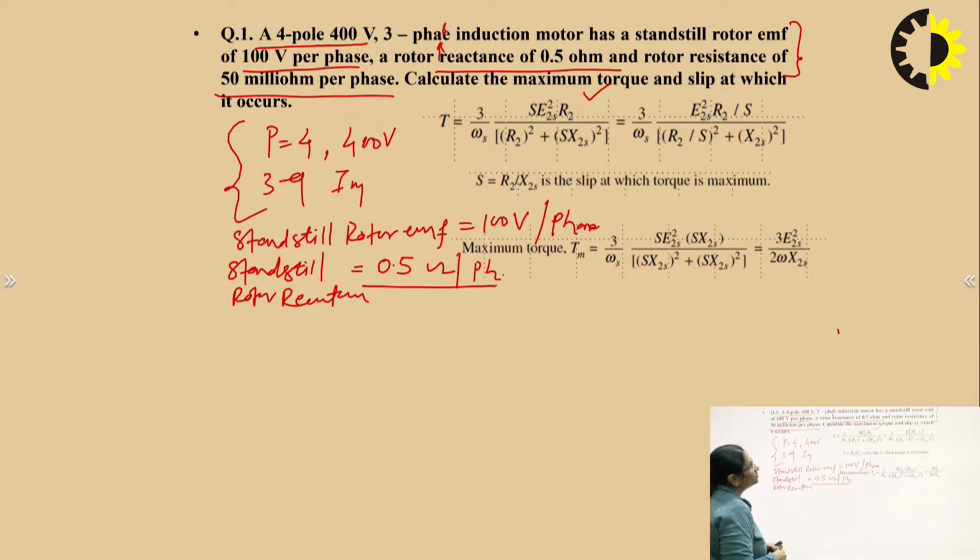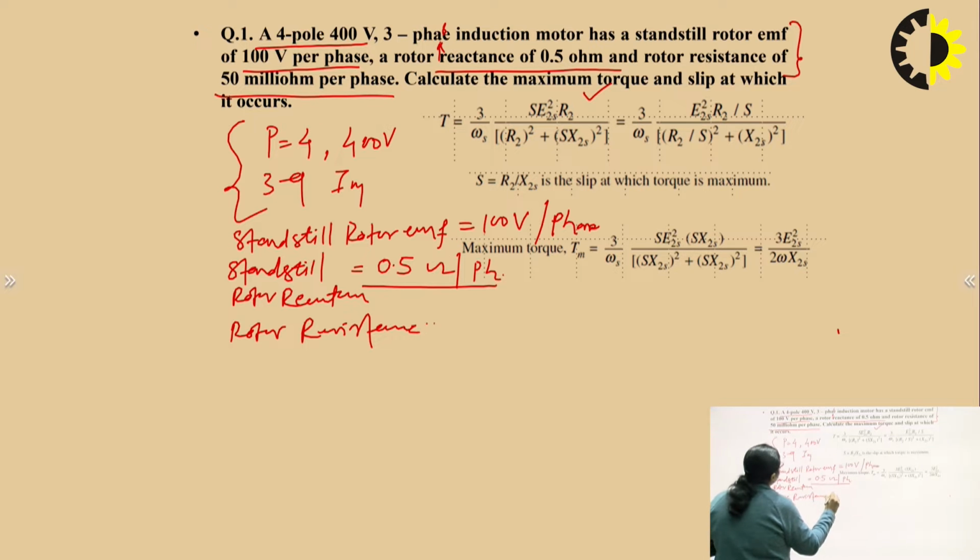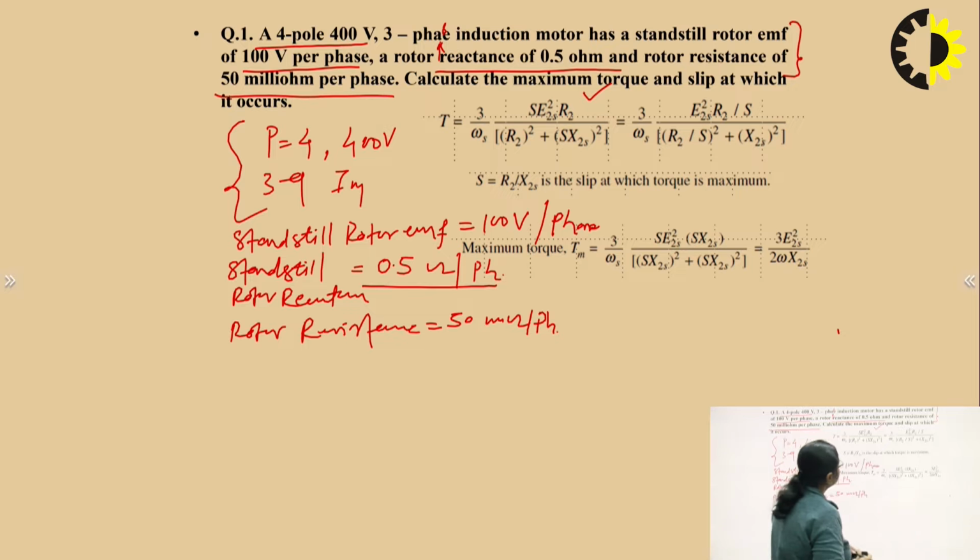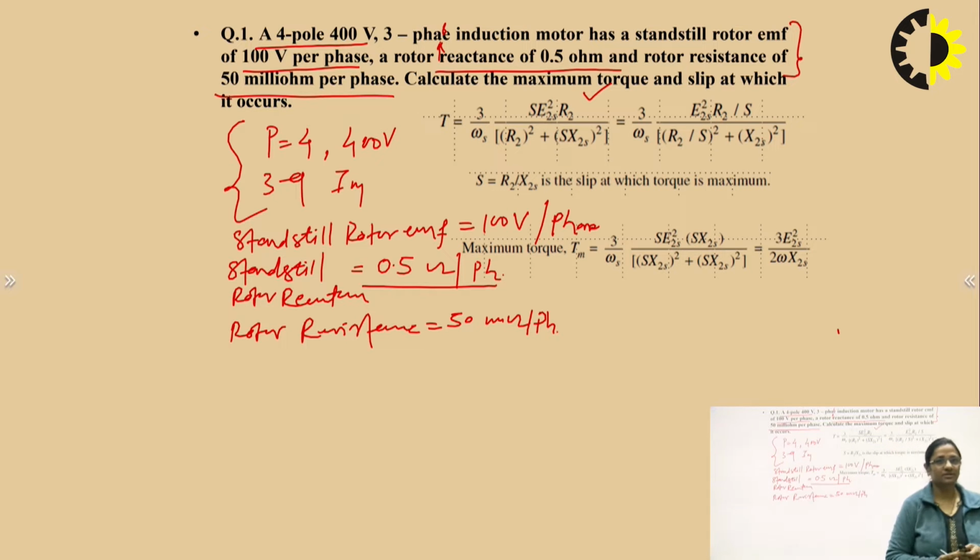Besides this, the rotor resistance of 50 milliohm per phase is also given to us. We are supposed to determine the maximum torque developed by the motor and the slip at which this torque is developed, right?